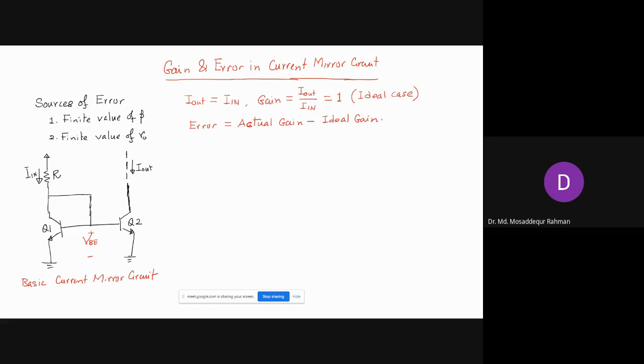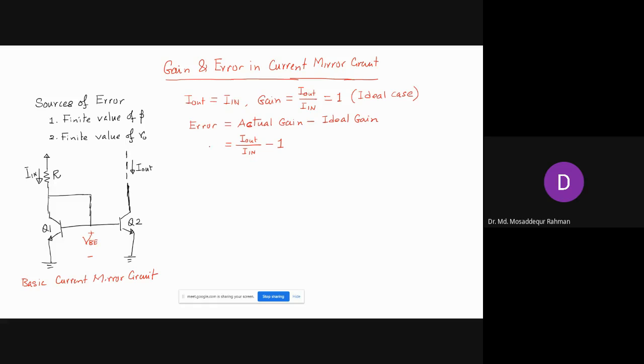So actual gain we can get by analyzing the circuit, and that we write as I out by I in, actual output current divided by actual input current, and the ideal gain is supposed to be 1, so minus 1.